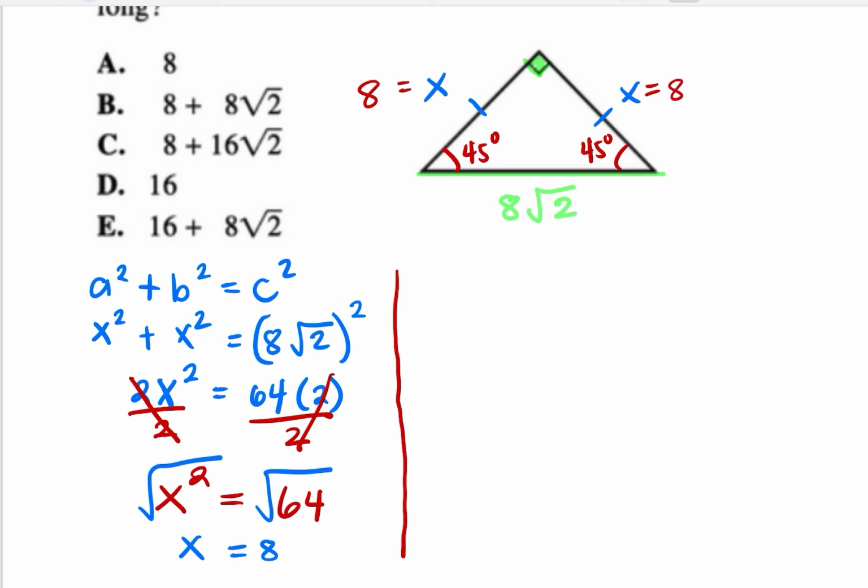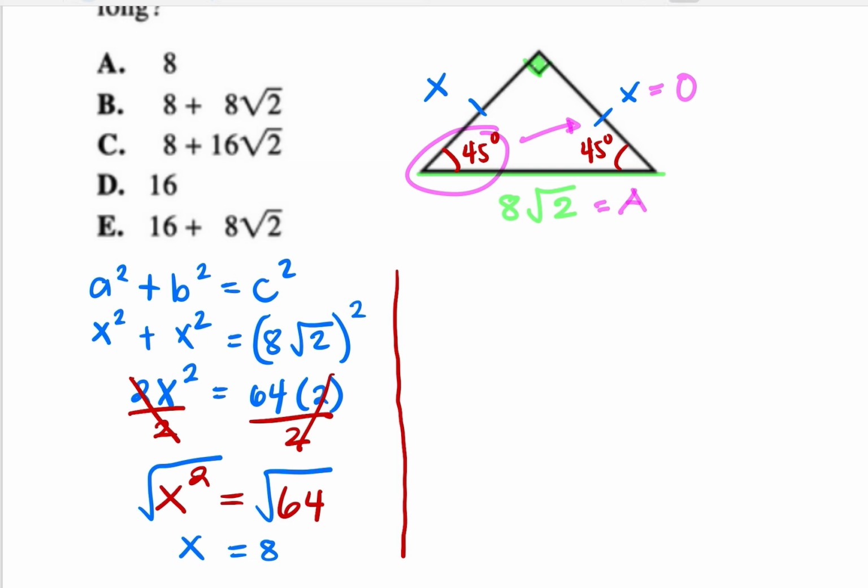Remember earlier we said we don't know this x yet, so I'm still looking for that. I'm showing the second method. I'm going to focus on this angle. The x is opposite the angle, and this side is adjacent to the angle because it touches the angle.